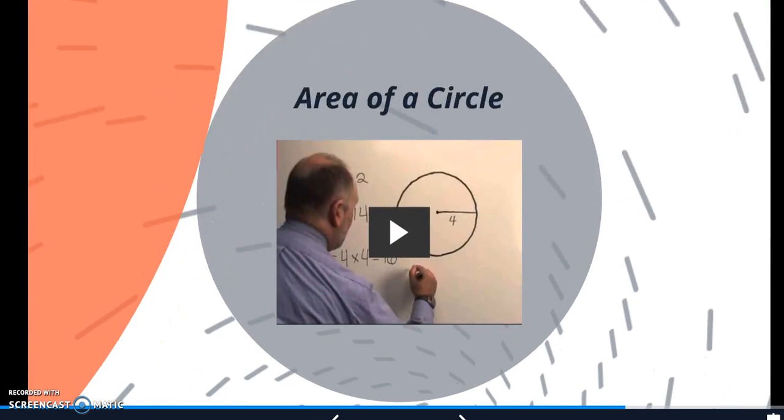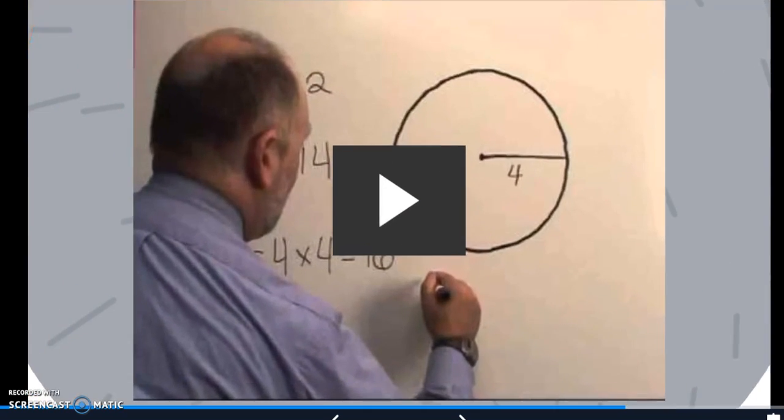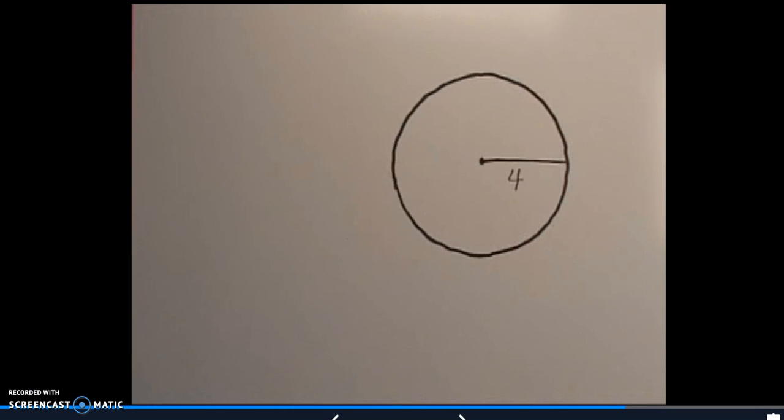Now let's move on to the area of the circle. Let's walk through calculating the area of a circle that has a radius of 4.